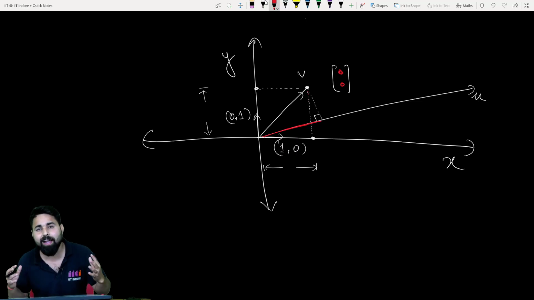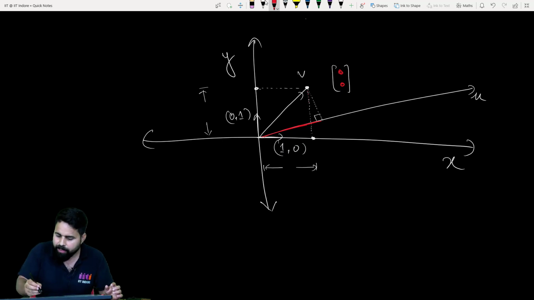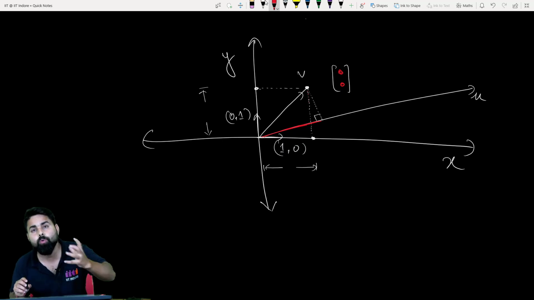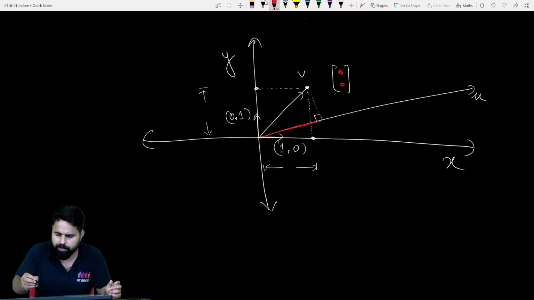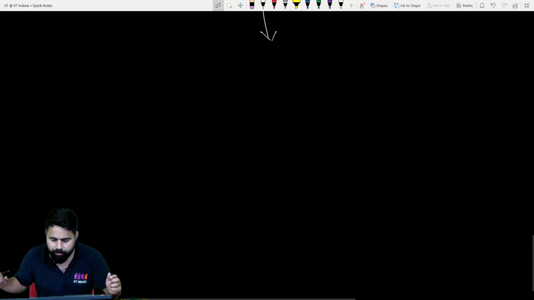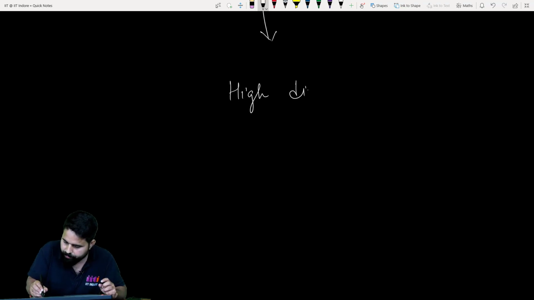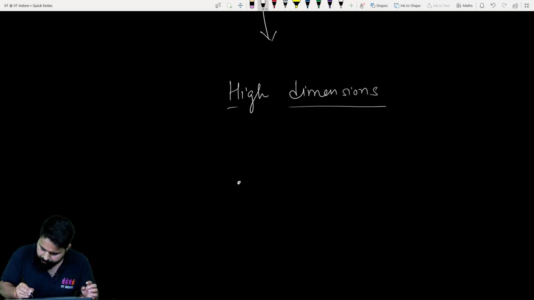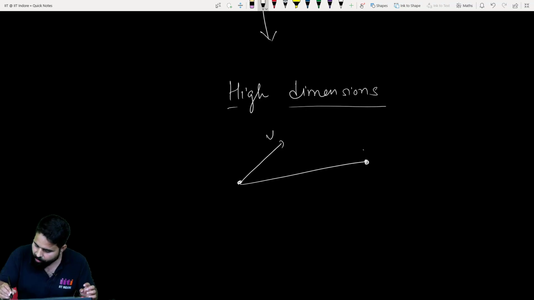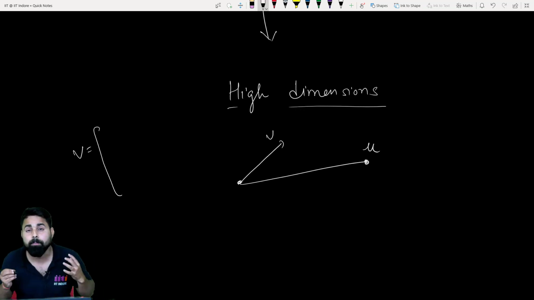Now, let us see the higher dimension case. Everything is pretty much similar. Here your data points were 2 dimensional, with 2 coordinates. Now in higher dimensions there can be many coordinates. Let us take the same vectors v and u, but now in high dimension, which means we will have many coordinates.